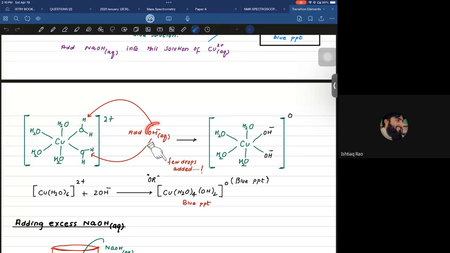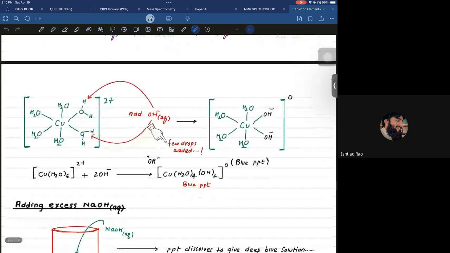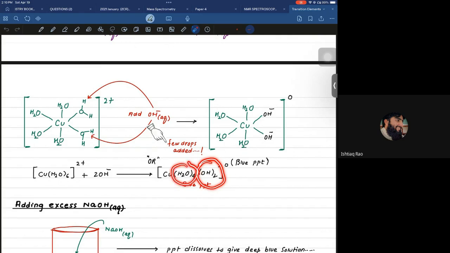So OH minus is going to take its proton just like that, and would be leaving behind OH and then OH. So how many OH do you have right now? Two OH, and then H2O 4. 1, 2, 3, 4. Because we have added a few drops of sodium hydroxide.